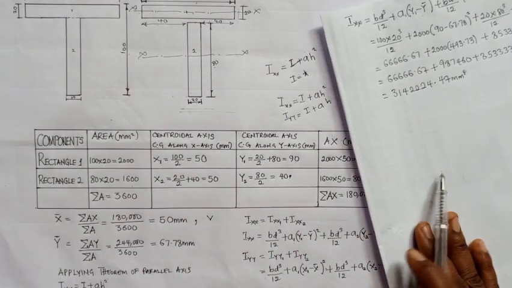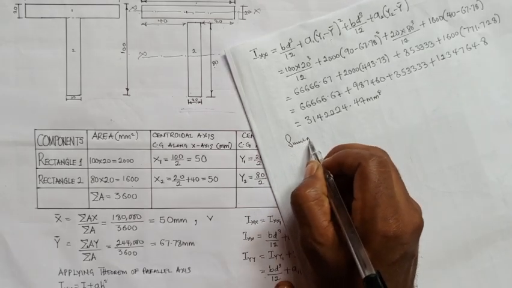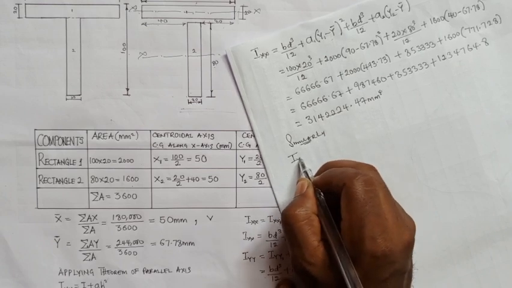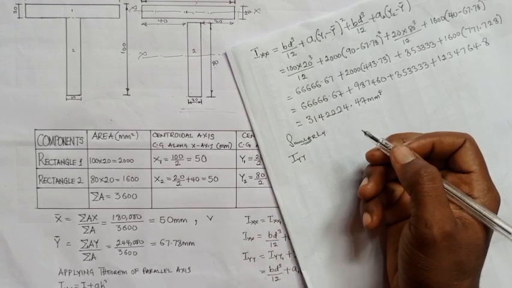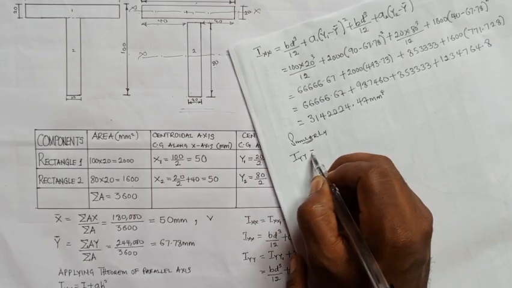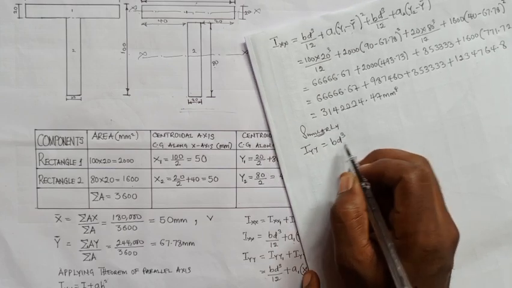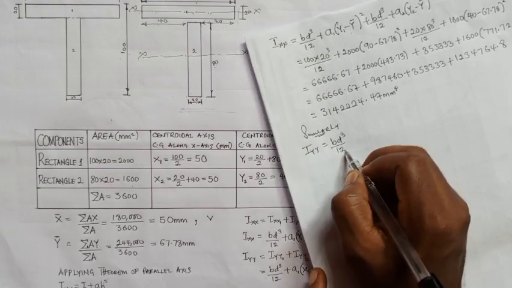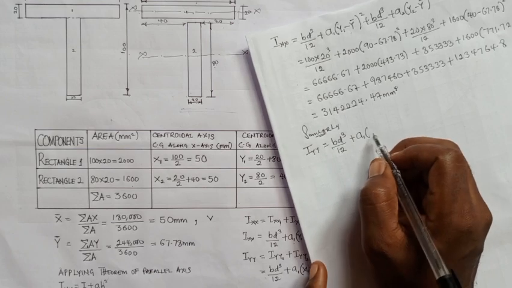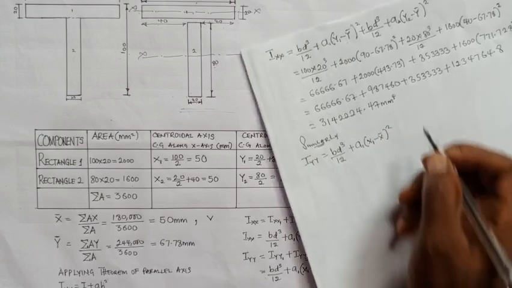So from here I can put it this way and say that similarly, the moment of inertia along section YY will be equals to BD cube all over 12 plus A1 into brackets x1 minus x bar all squared, just like what we have here.